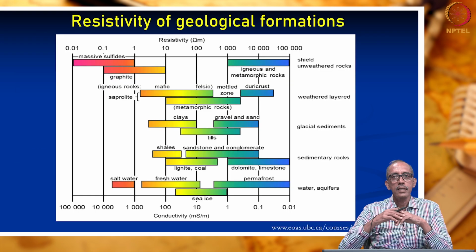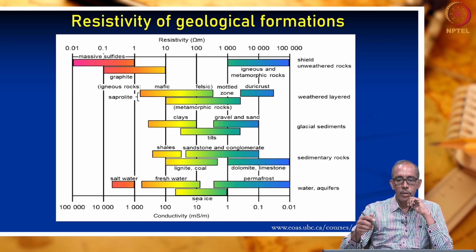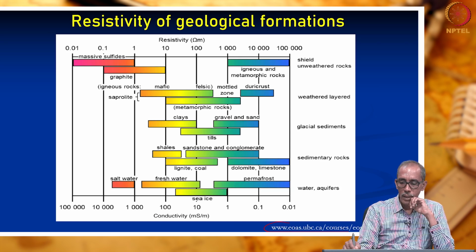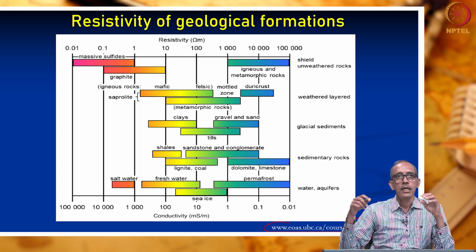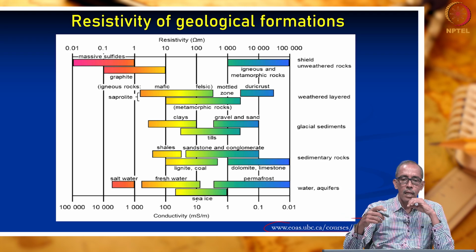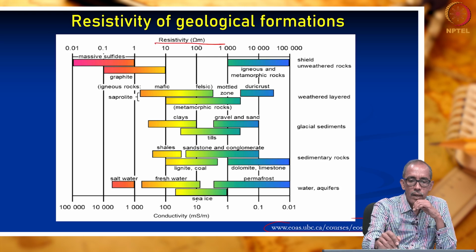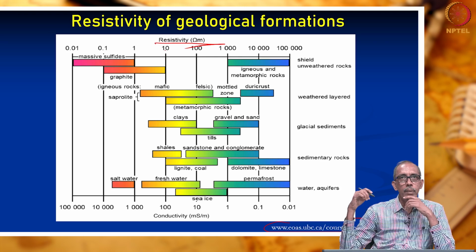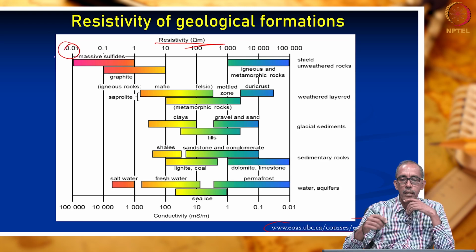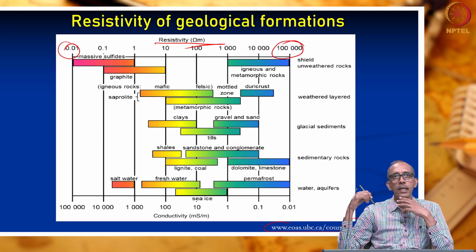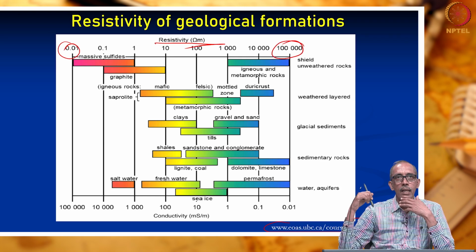And here is a diagram brought out by these people. It gives us the approximate ranges of resistivity of different geological materials. On the x-axis, we have resistivity given in ohm meter, starting from 0.01 ohm meter up to 100,000 ohm meter.